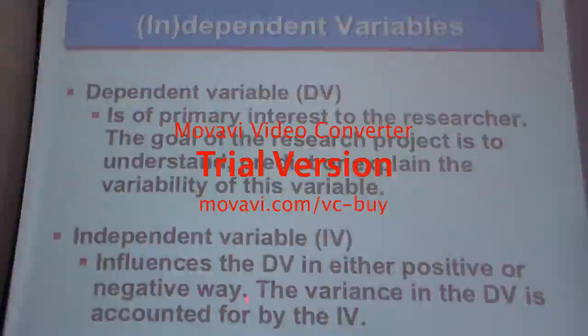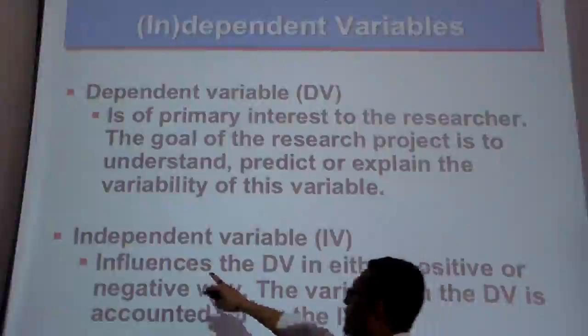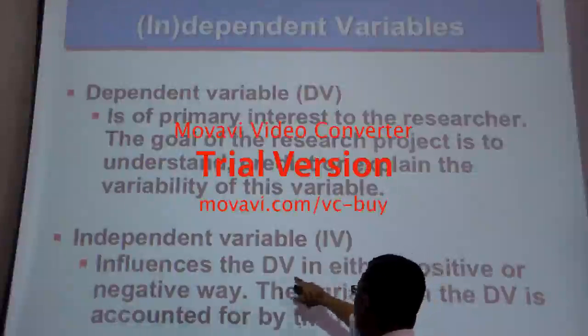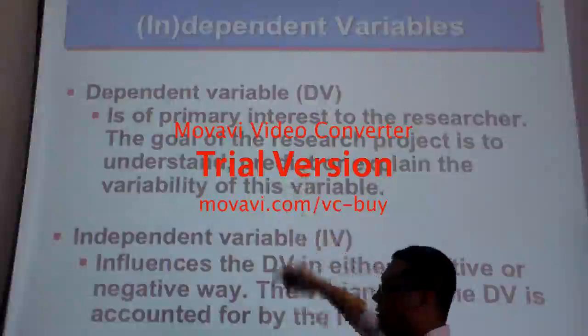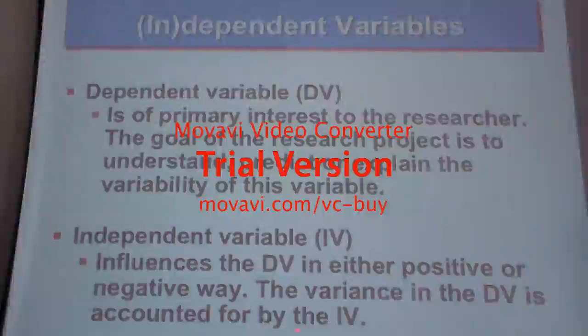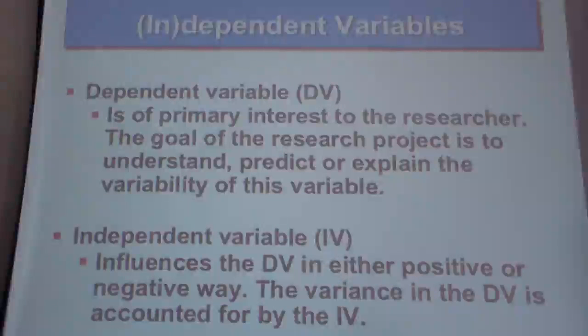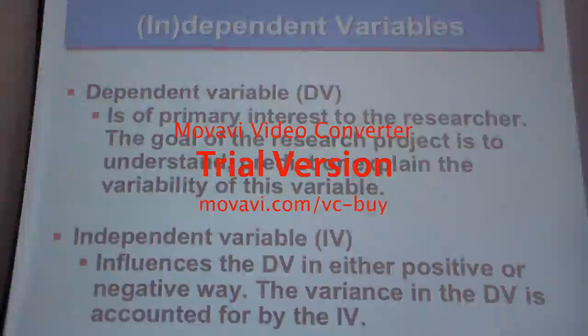Okay? The other one is the independent variable. It influences the dependent variable in either a positive or negative way. You see, it is independent, but it influences the first one. Influence means affect. If it is a positive way, it means if the independent variable increases, then the dependent variable increases.